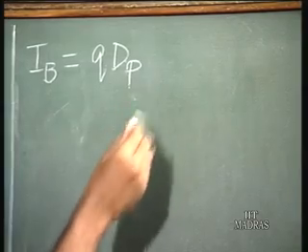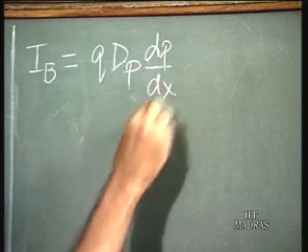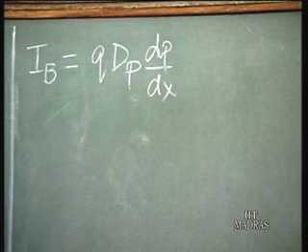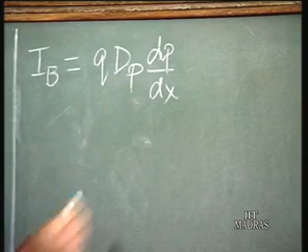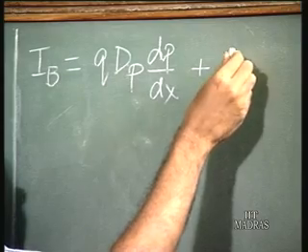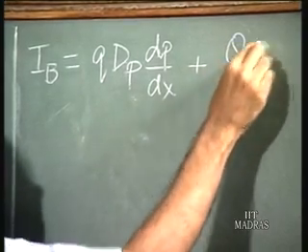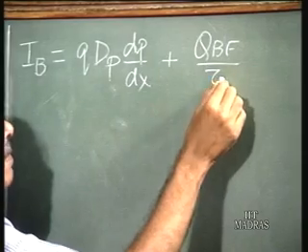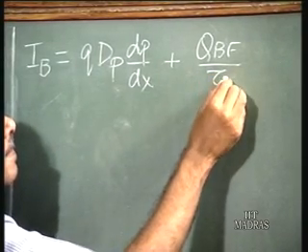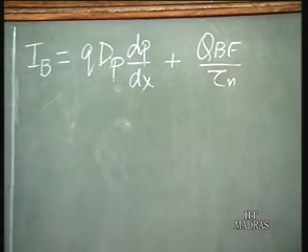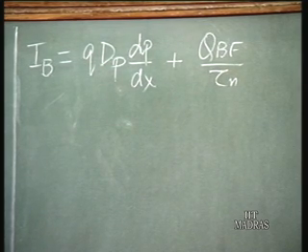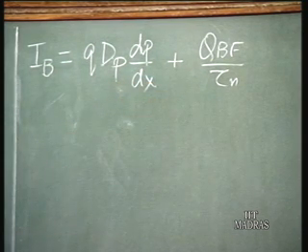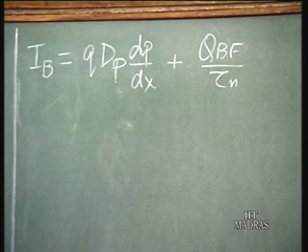Q dP dx in the emitter, plus Q in the base, that is the charge divided by the lifetime, that is the total recombination current in the base.